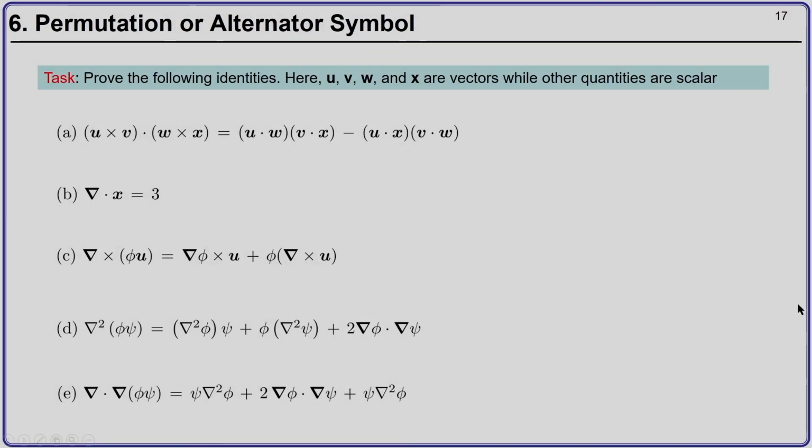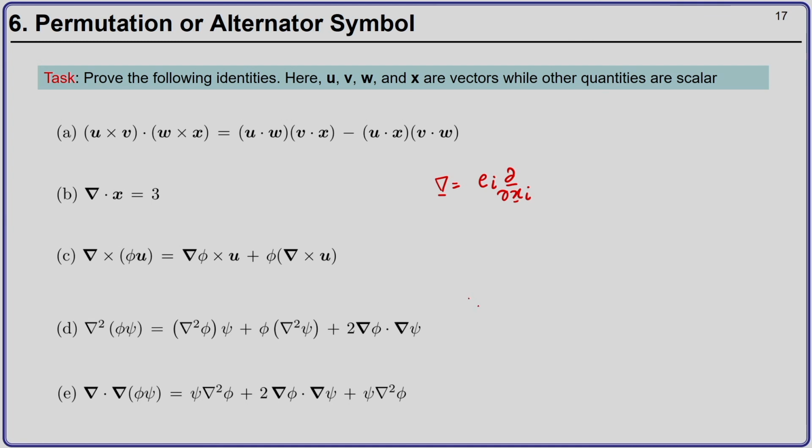Next you can try to prove some of the following identities, which I have given. There are 5 identities that you have to prove. You can try it yourself, and if you have any doubt you can always contact me. Just remember that del here is e_i del by del x_i, and because i is repeated, there is a summation involved.